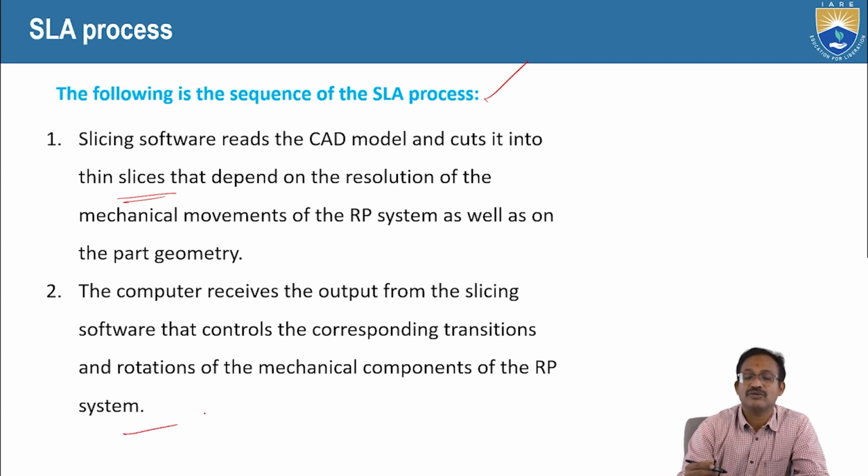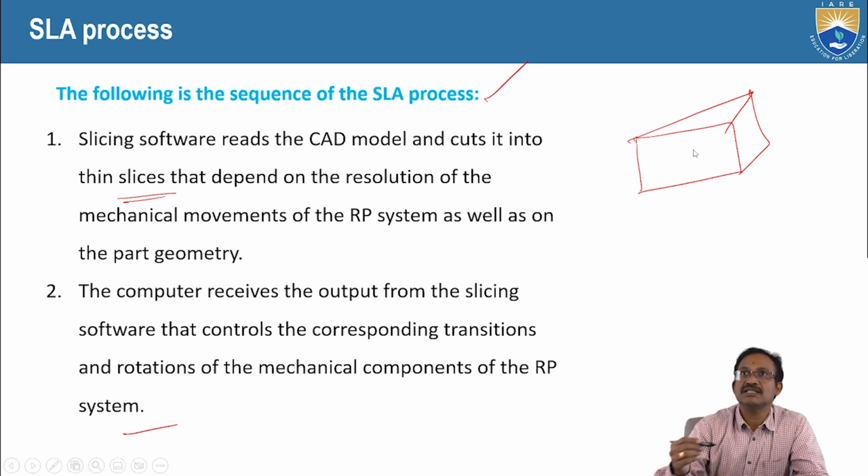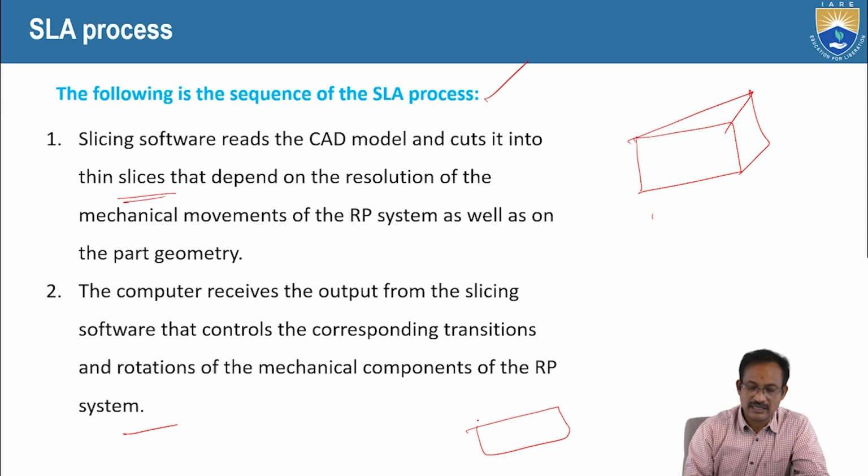So we have to give the CAD model input. Let us say this one. Obviously its cross section is some rectangle. First it will take the first slice as the rectangle. Again another rectangle will form on this, again one more rectangle, again one more.